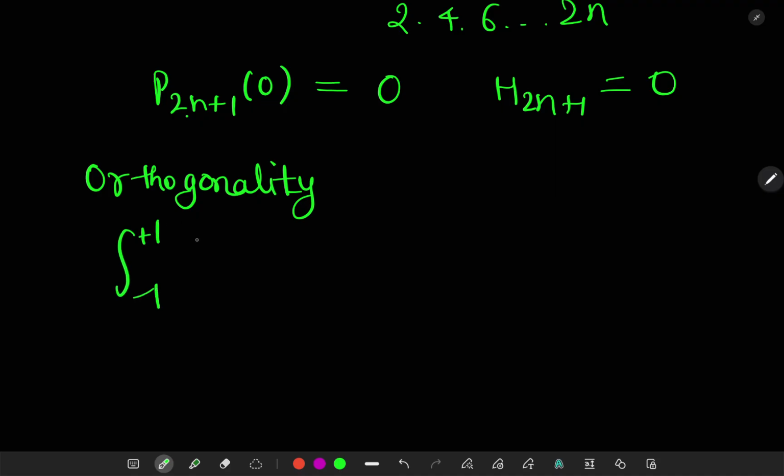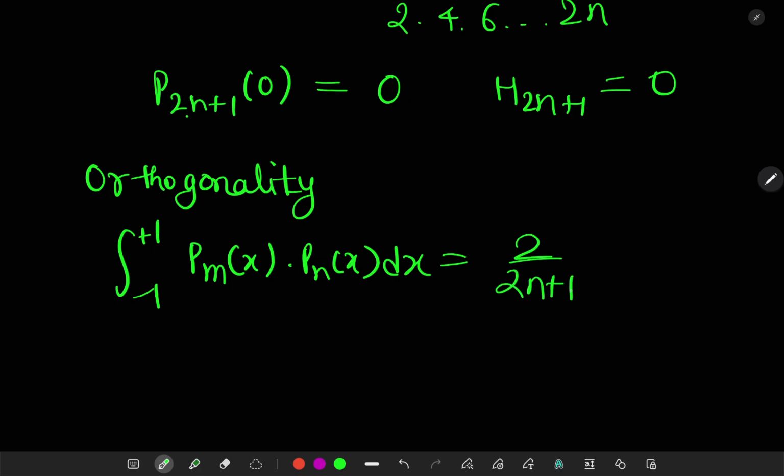Integral from minus 1 to plus 1 of Pm x into Pn x dx is equal to this, which is the Kronecker delta. It will be 1 only when m equal to n, otherwise 0.